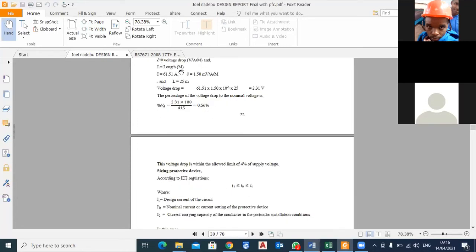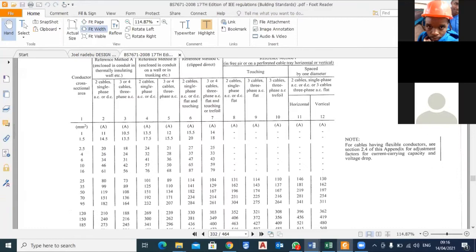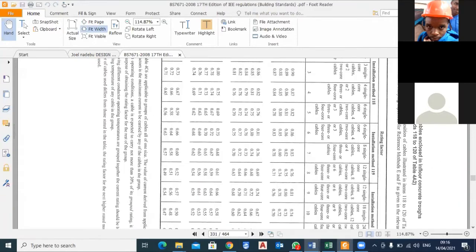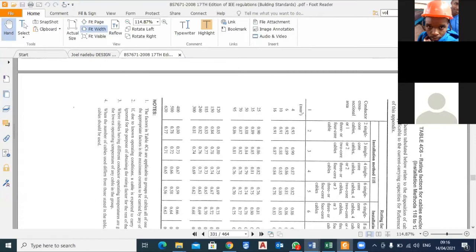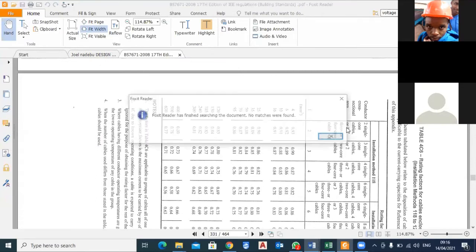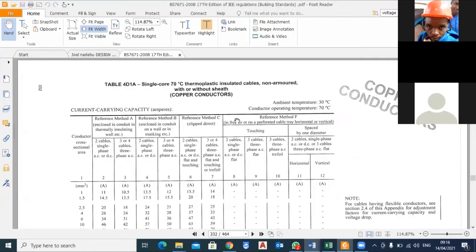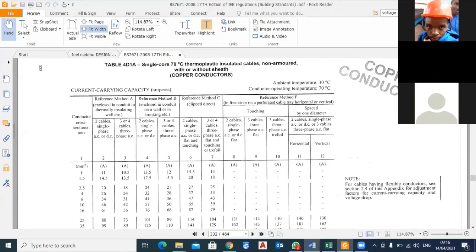In that BS 7671, you can search voltage drop. I'll be able to get you the exact percentages. But for three phase it is 4%, and then for single phase it should be 14% or 9.6%. I will confirm with you.